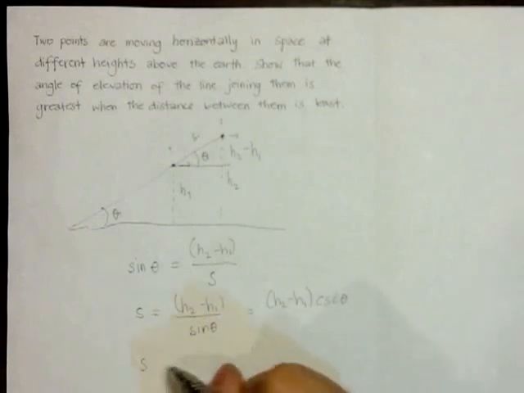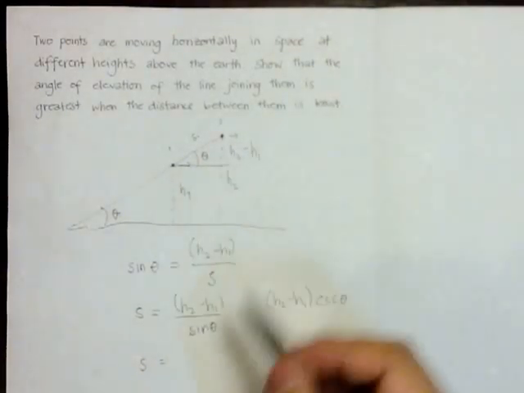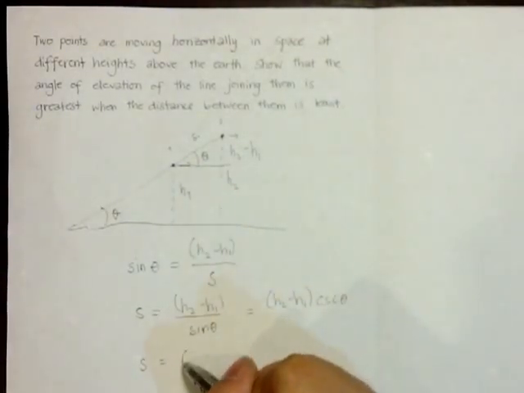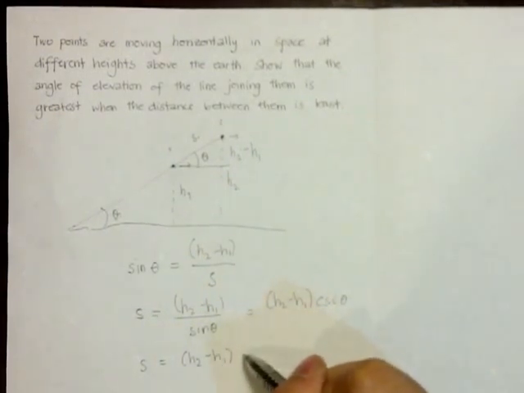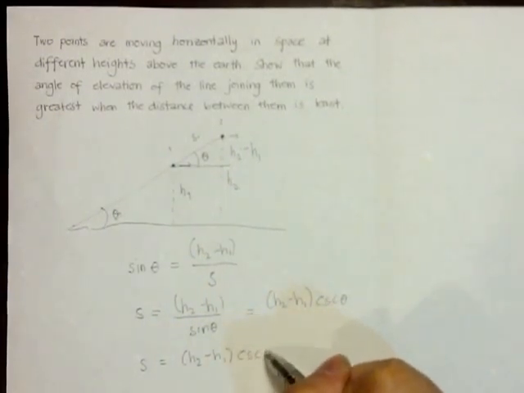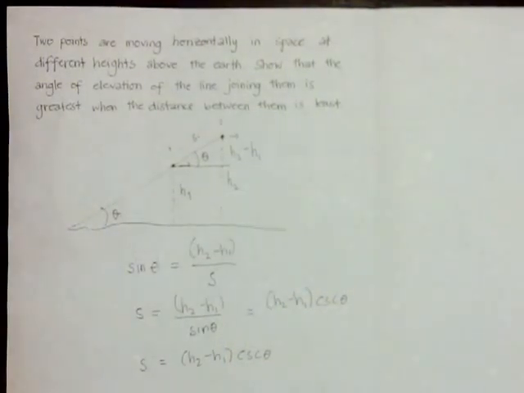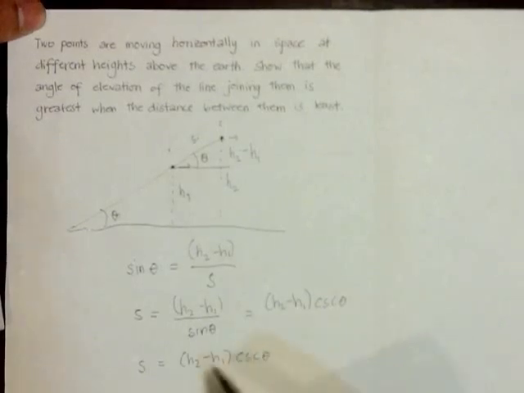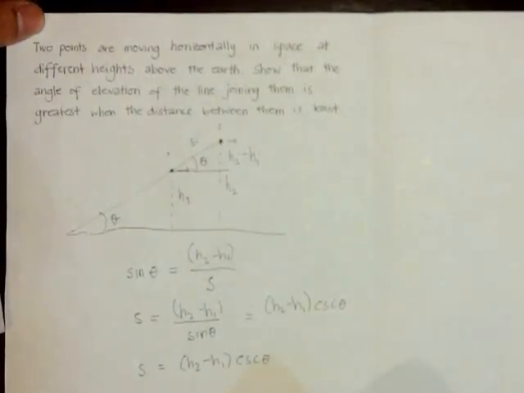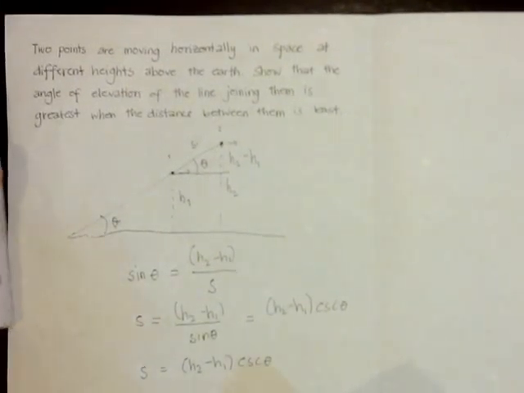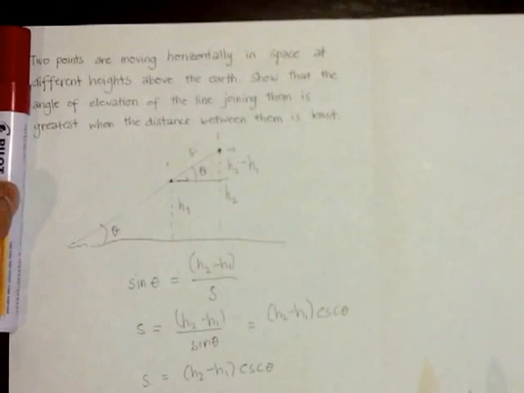So we have here the working equation: s, the distance between the 2 points, equals the difference of heights h2 minus h1 times the cosecant of the angle of elevation theta. Since we have already expressed s in terms of theta, we can now differentiate s.